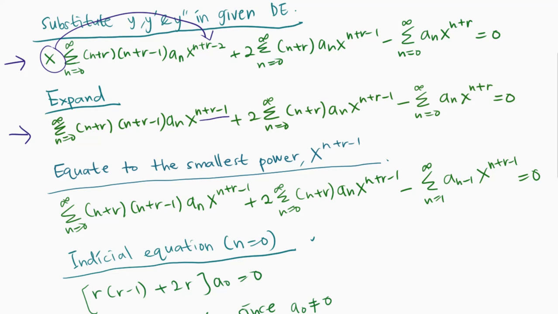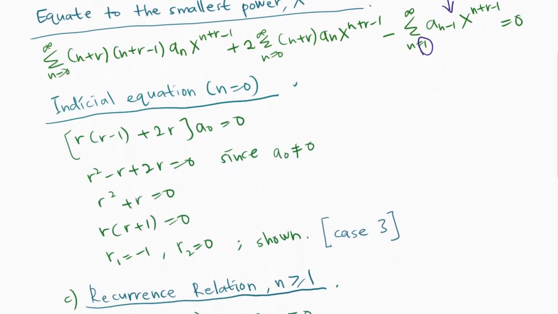Since here, as you can see, it is n plus r minus 1, n plus r minus 1. There's only the last term that we need to change to x power of n plus r minus 1, which means an would be an minus 1. And here, our summation would start at n equal to 1. For the first and second term, just rewrite them.